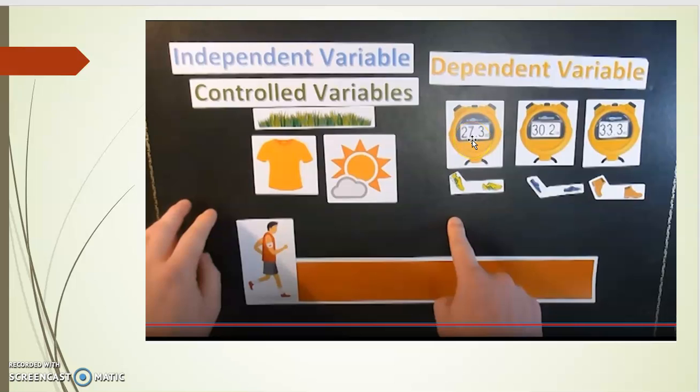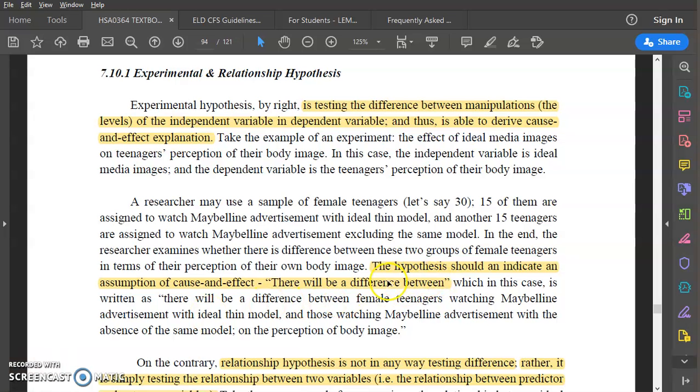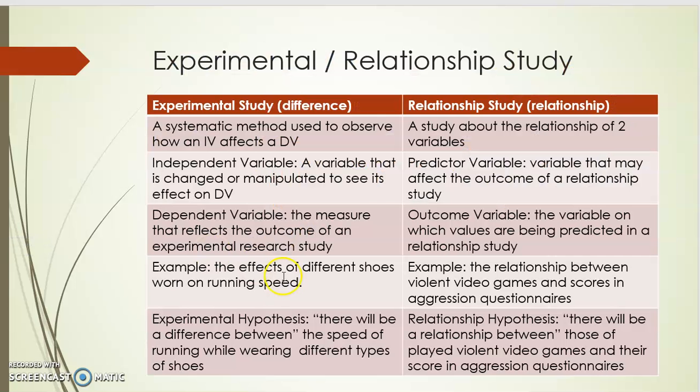So the hypothesis will be, there will be a difference between the types of shoes worn and the speed of running. Okay, there will be a difference between the speed of running while wearing different types of shoes.